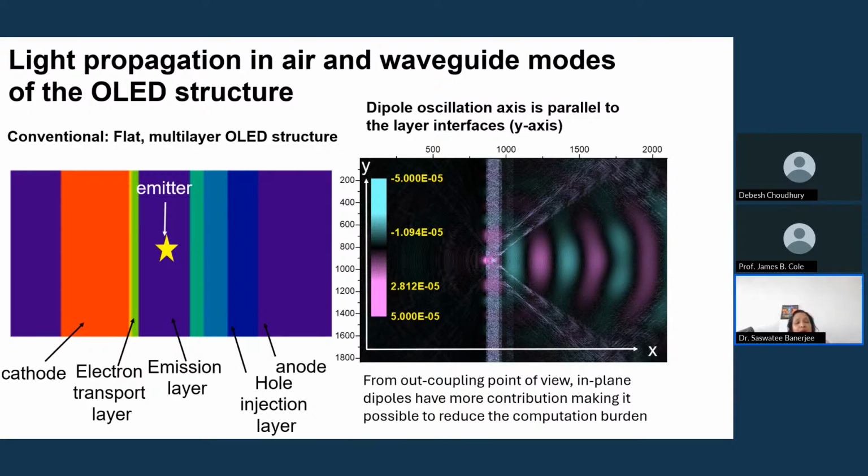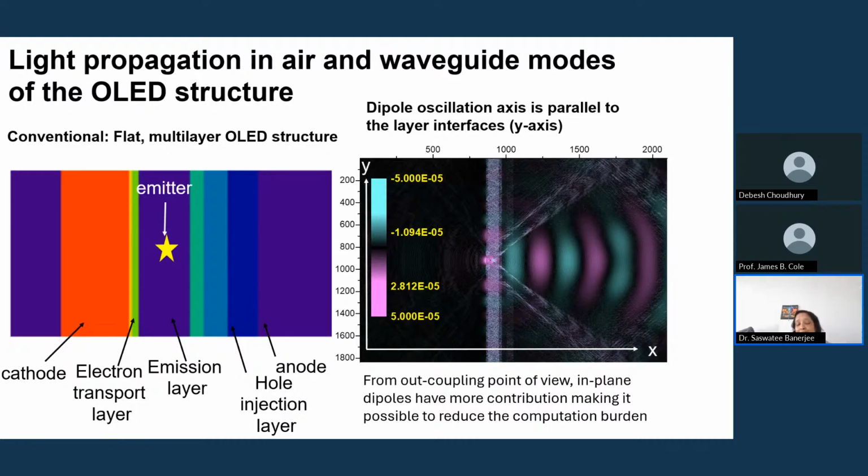Here I show you a very simple thing. On the left-hand side is basically a standard OLED pixel, organic LED pixel. Here you have the emission layer, then the cathode, the transport layer, the hole injection layer, the anode, etc. You might think, why all these layers?